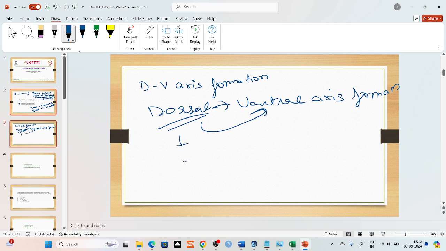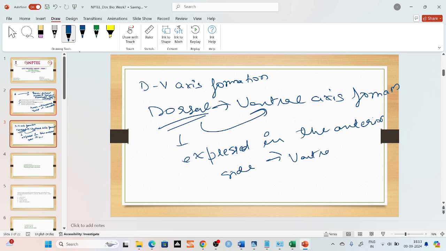So if dorsal is expressed in the anterior side, the nature of dorsal is to promote ventral axis formation. So if it is expressed in the anterior side, it will again start ventralization at the anterior end.